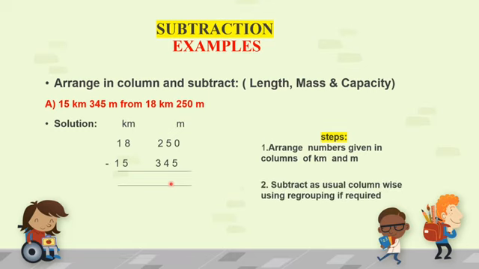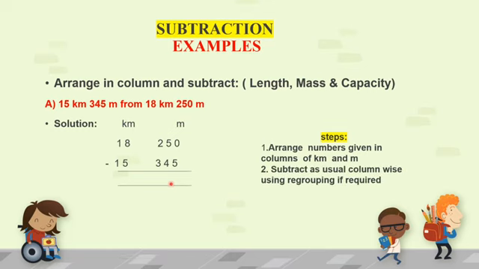Let's start with our subtraction. Subtraction will be as usual, as you do column wise, using regrouping if required. Regrouping means borrowing. Whenever you find the upper number is smaller, then you will have to borrow from the neighboring number, next place. So we'll start from the ones place. 5 needs to be subtracted from 0.